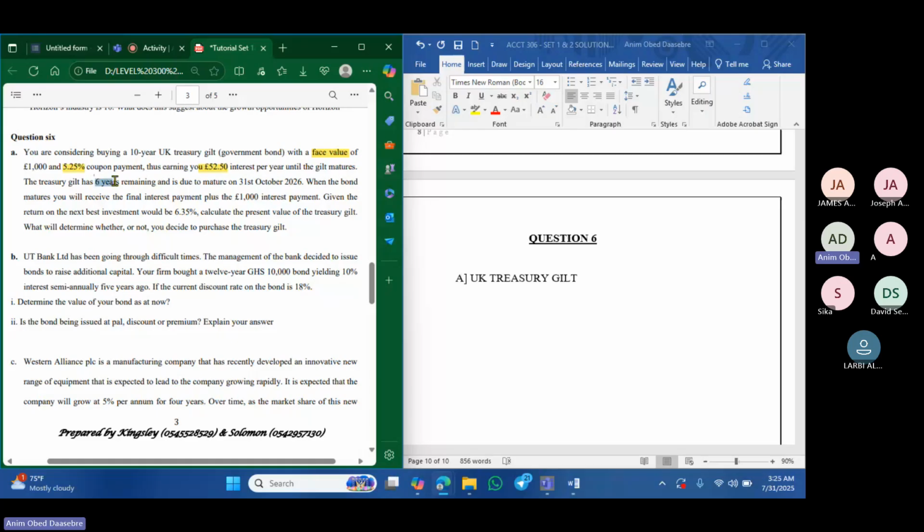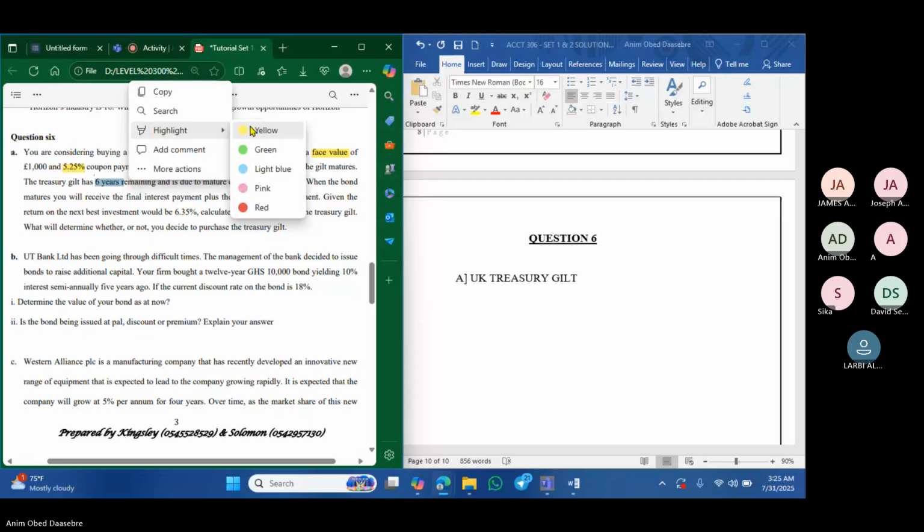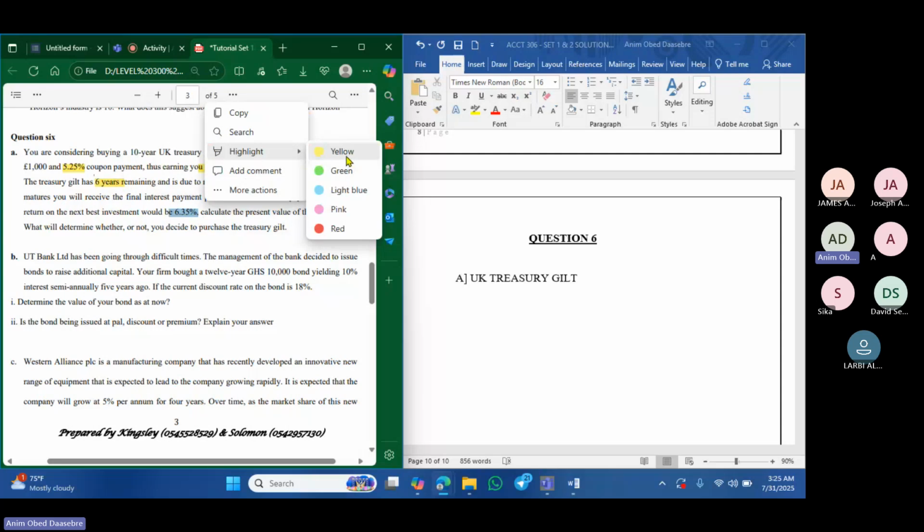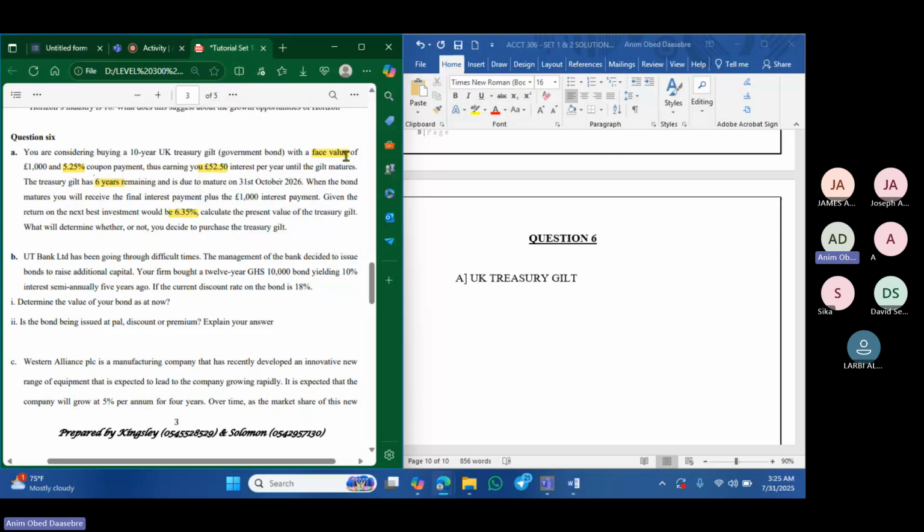We have 6 years, that's the maturity. When the bond matures, you receive the final interest payment plus the 1,000. Given that the return on the next best investment would be 6.35%, that is the required rate of return.